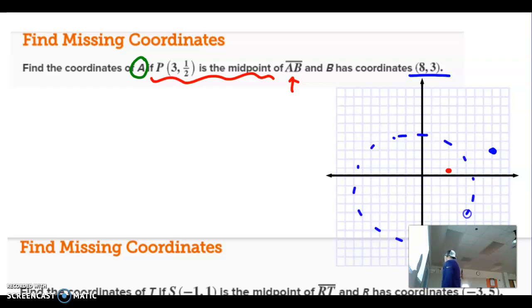Right? Because if this is the first half of the line, the other half of the line is going to go this way. Now, I don't know exactly where it's going to be, because we can't say exactly how long this segment is, because we can't count. Okay?